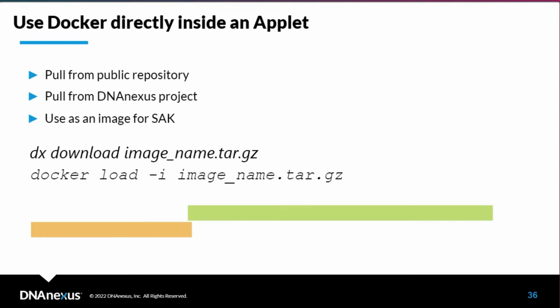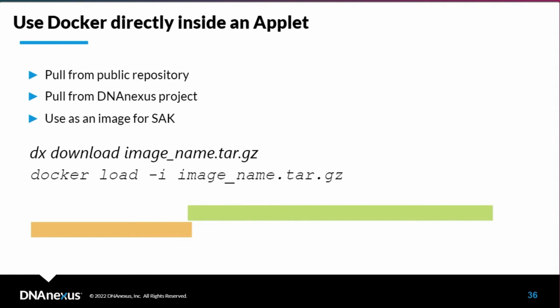Also, we saw that we can pull a saved snapshot in tar.gz from the DNAnexus project. Or third option might be use it as image for Swiss Army knife. But here, I would like to show you that eventually you can load and run Docker image from the applet directly from the main script, which could be, for example, done as it follows.